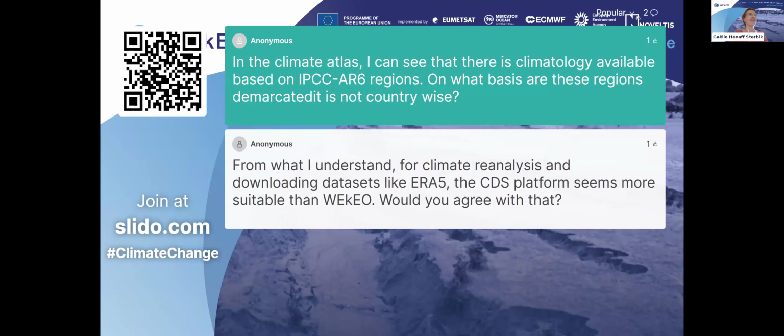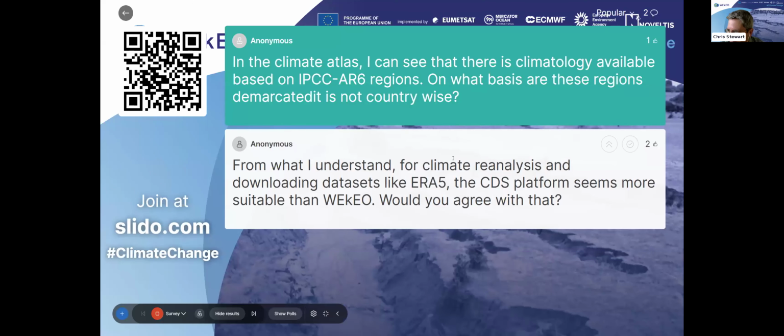Thanks a lot. In the Climate Atlas, I can see that there is climatology available based on IPCC AR6 regions. On what basis are these regions separated or decided? Is it not country-wise? Okay, so the climatology can be created on different regions, but also country scale, also different NUTS regions.